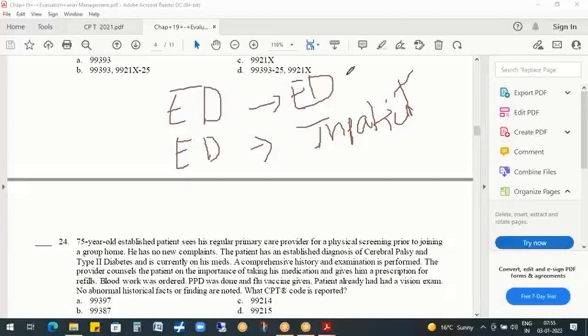Code for ER physician. Sunil, how will you code this scenario?